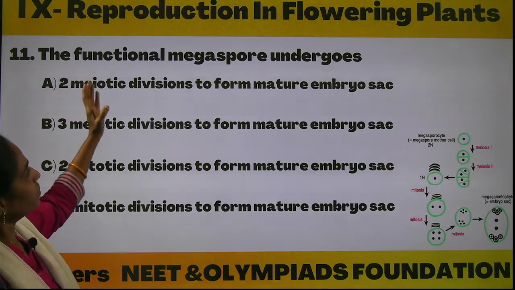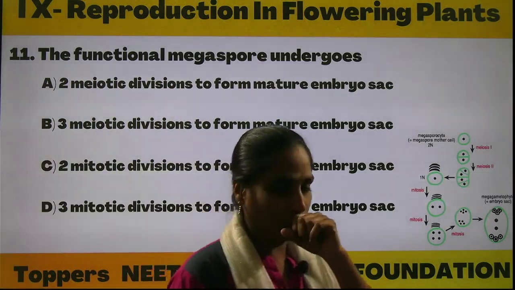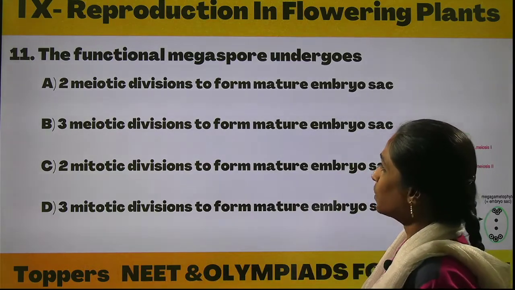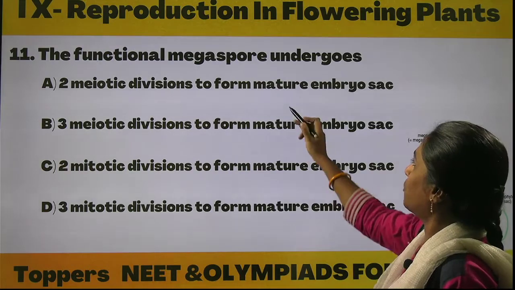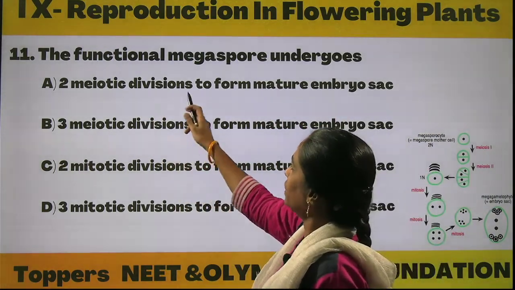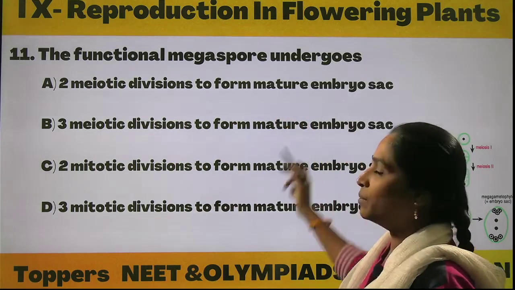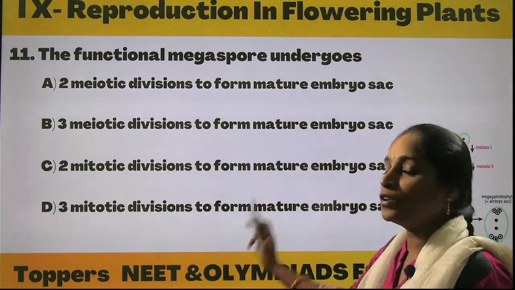The functional megaspore undergoes... How many divisions, and of what type, are needed to form a mature embryo sac?